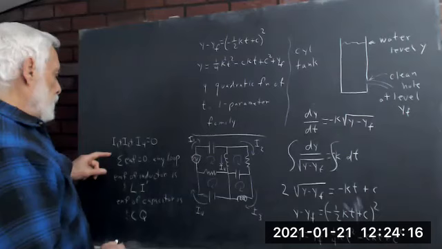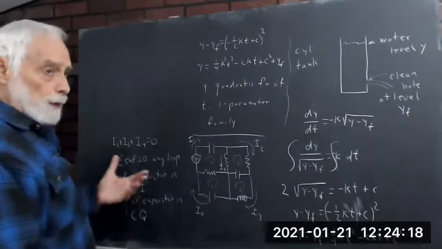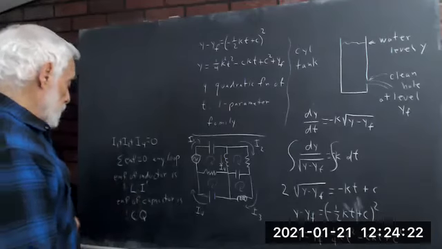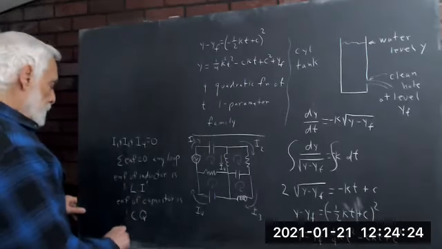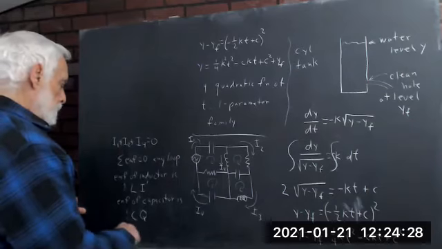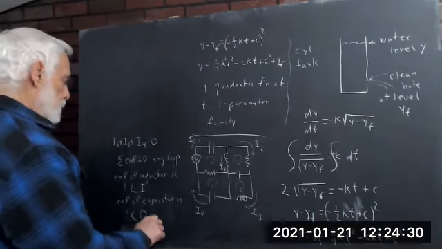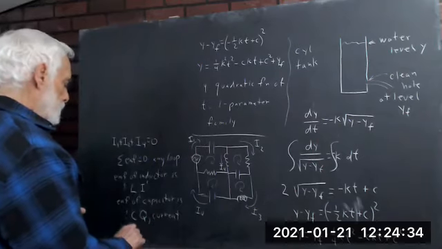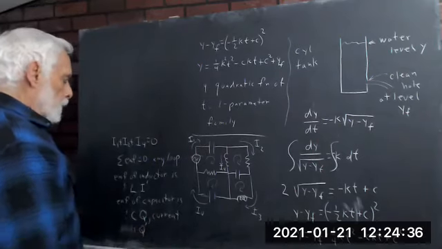You sum all the EMFs around any loop and you get equations. And these are differential equations because you've got an I prime here, you've got a Q here. And also, the current is Q prime.